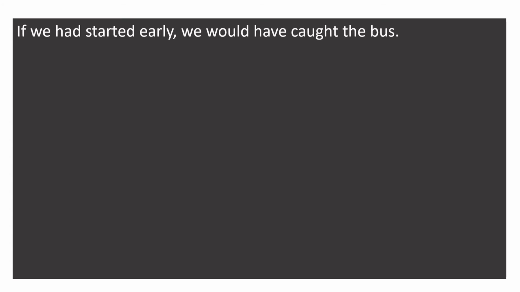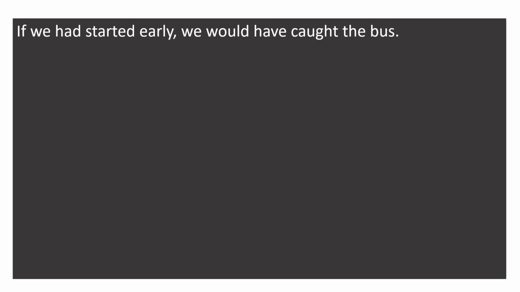Now see the third conditional. What is this third conditional? See the sentence. If we had started early, we would have caught the bus. Do you think that they started early? No. There is one conditional. If we had started early, we would have caught the bus.